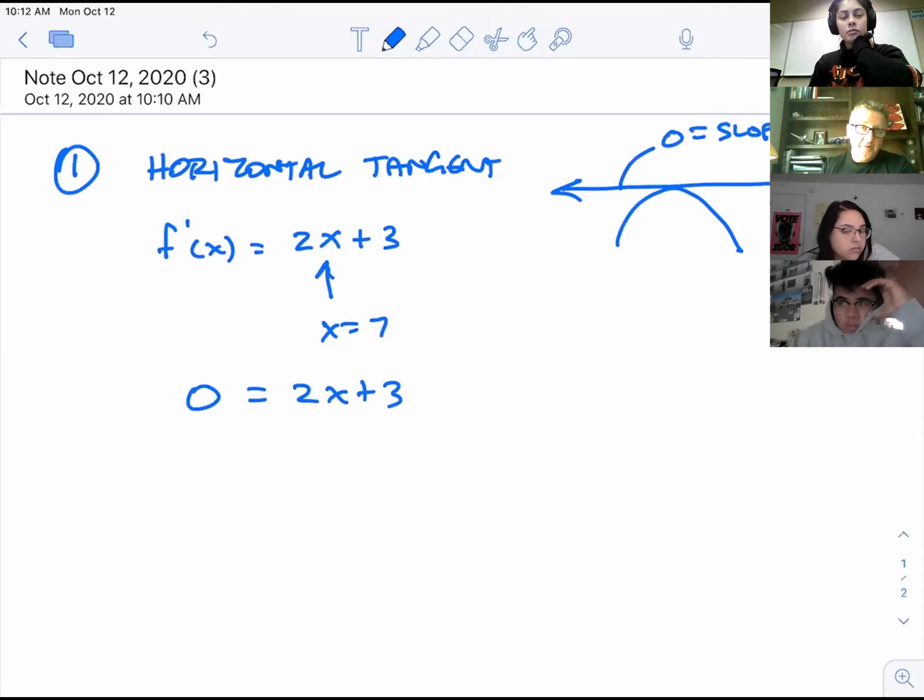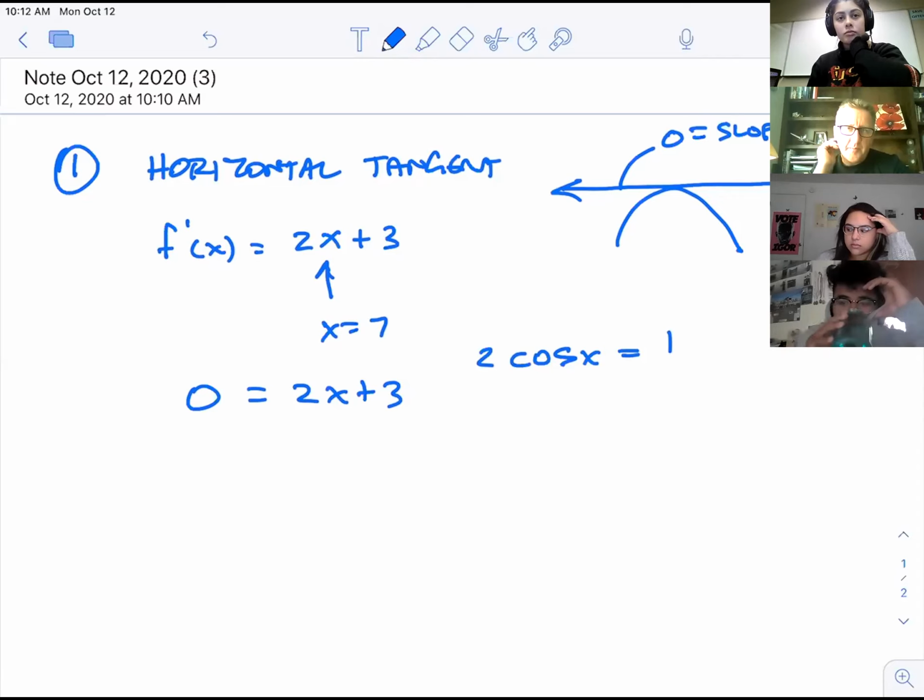And this is a little easier than solving a trig equation for x. I think you ended up with something more like 2 cosine of x equals 1 or something like that. What I'm interested in is you learning to speak the language, which is why you have to be forced to think. Because if you just memorized it, then when you got to this, you probably couldn't remember anything and didn't understand it at all.